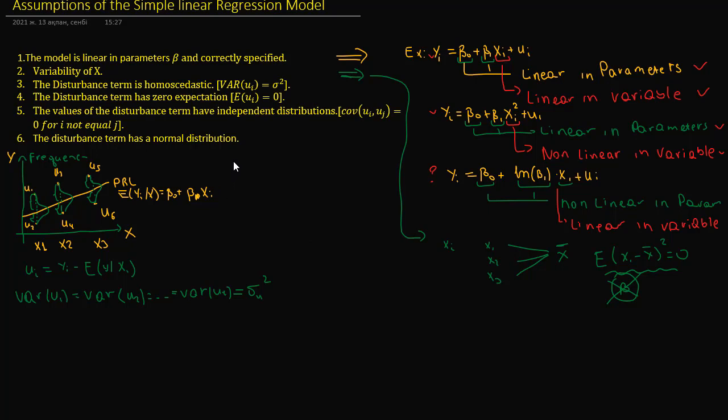Let's see one more example. We draw the graph here to see how it looks if the variance is not constant.